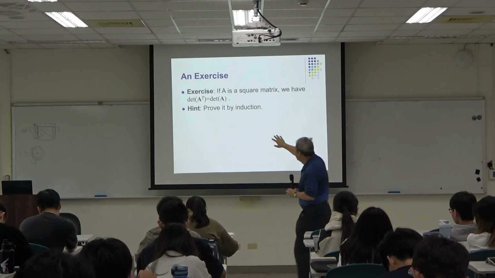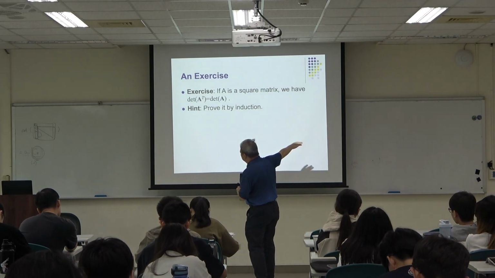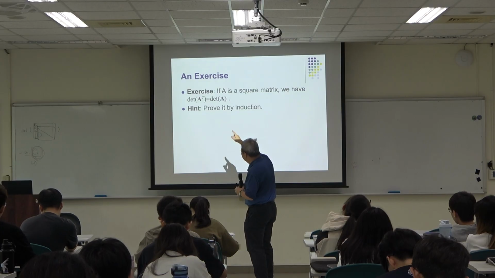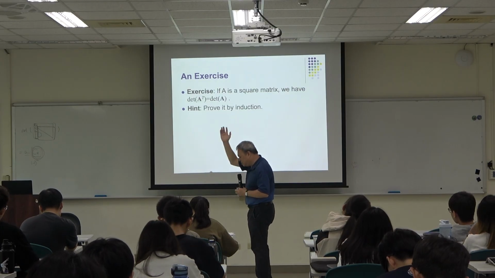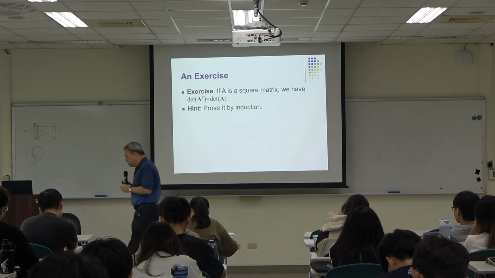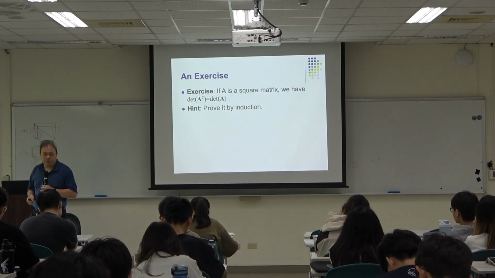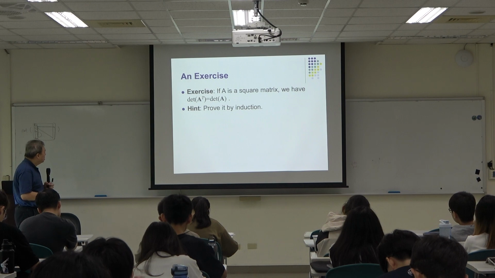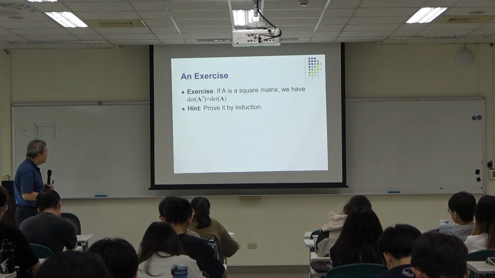So on the right hand side, you expand through the first row. On the left hand side, for the determinant of A transpose, you expand through the first column. That's it. And then you can easily show through induction that they are identical.